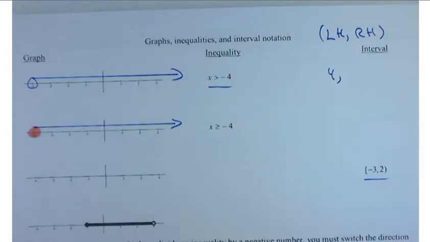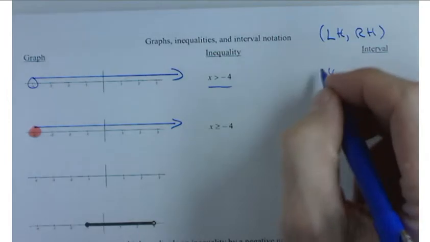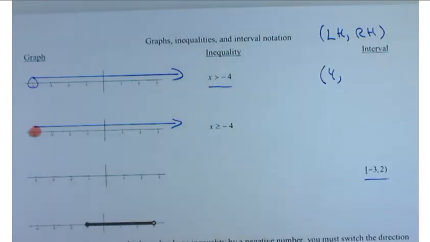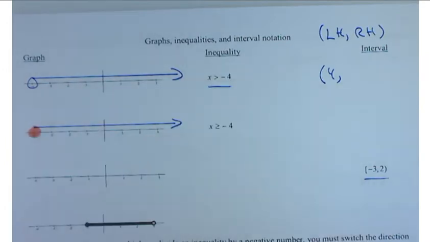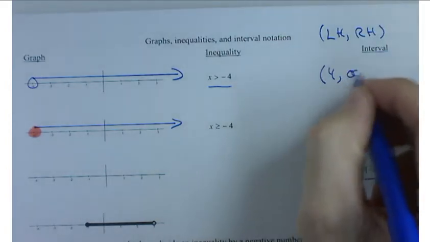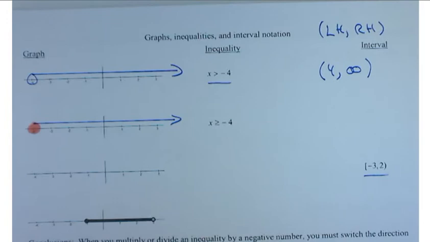Because we're not including that, we're going to use a parenthesis. What's at the right-hand end of this interval? I mean, if you go all the way out to the right, yeah, infinity. Infinity always gets a parenthesis.